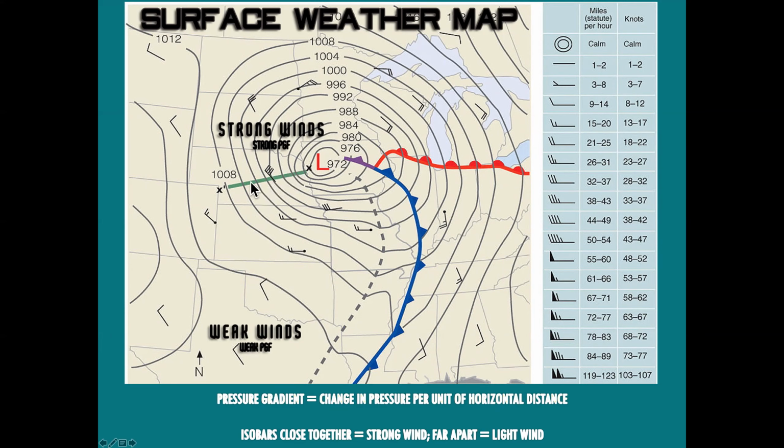So notice where the lines are packed together, you have a tight pressure gradient, meaning the pressure changes very quickly as you move in the horizontal, so the winds are strong. In an area like in this map over Texas, where there are very few, if any, of those lines, the pressure gradient is weak, and therefore the winds are weak as well.